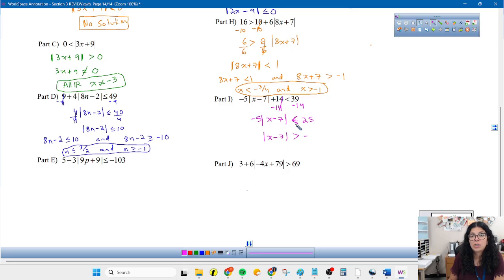So it's now changing it to a greater than negative 5. All right, so what numbers for x would fit this inequality? Well, whatever x is, when we take the absolute value, this will either be 0 or a positive number. And 0 or a positive number is always going to be more than negative 5. So this is all real numbers.